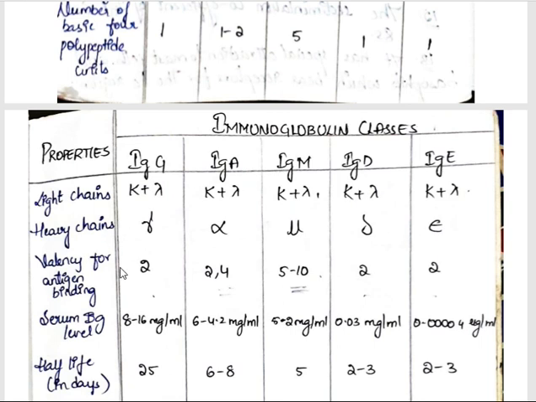And then coming to the valency for antigen binding, here the valency will be 2 because it's a monomer, and as a monomer it has 2, but as a dimer it has 4. And as a pentamer, 5, so 5 to 10 valency of antigen binding sites, then again here 2 and here 2.